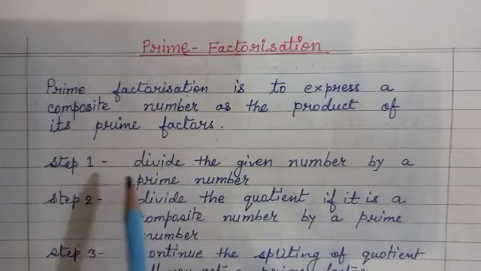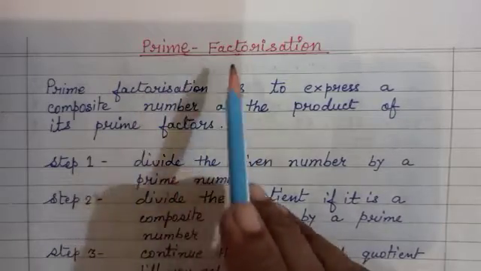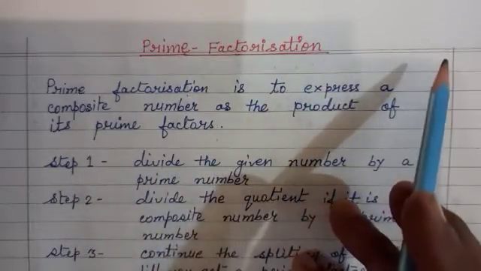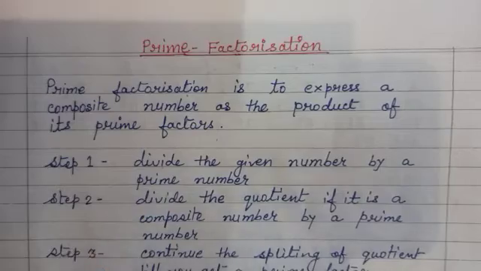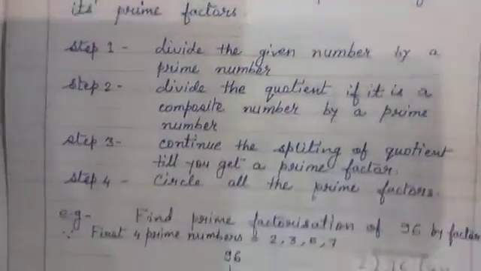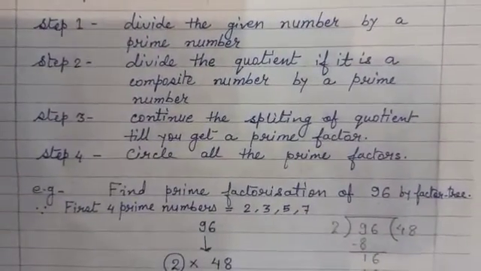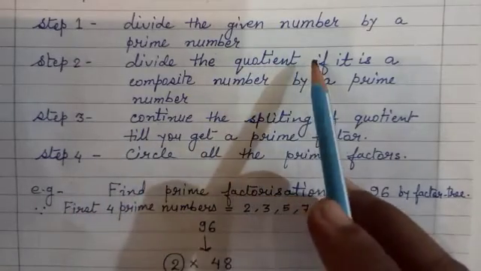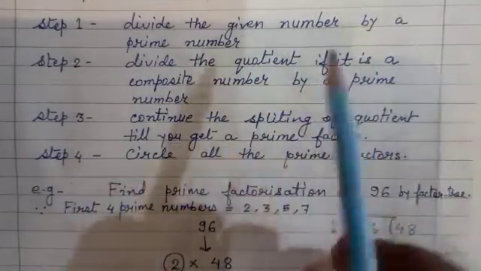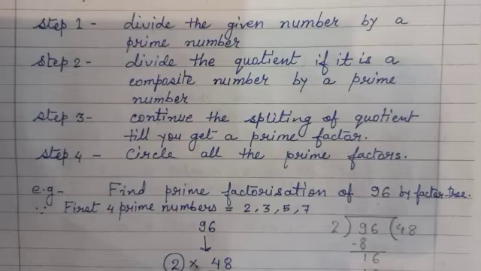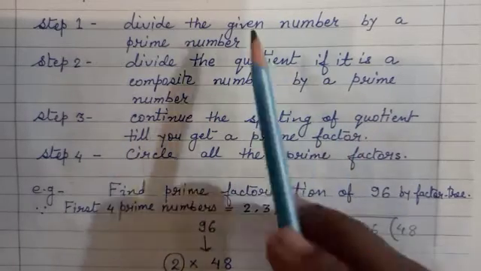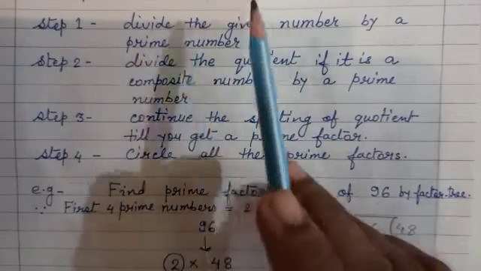How to do it? We have to find the prime factorization by the factor tree method, and the method consists of the following steps. Step 1. Divide the given number by a prime number. You know the first four prime numbers are 2, 3, 5 and 7. So you have to try to divide the number by a prime number.